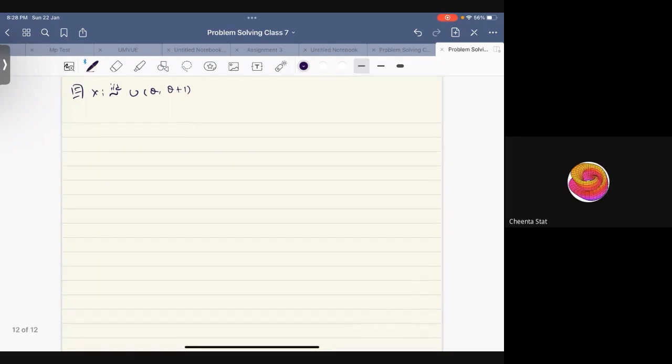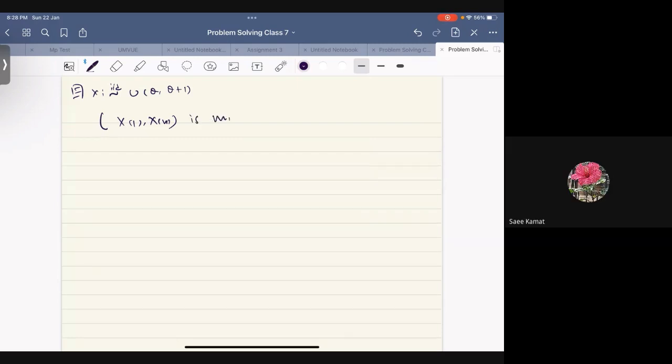For uniform theta to theta plus 1, X order 1 and X order n is minimal sufficient. So you cannot achieve the UMVU like thing.